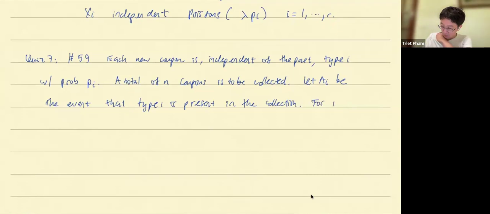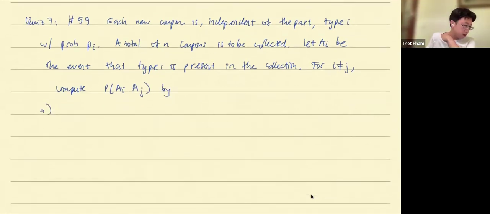And now they say for i not equal to j, compute the probability of the joint A_i A_j by first conditioning on N_i. This is the number of type i coupons in the set.